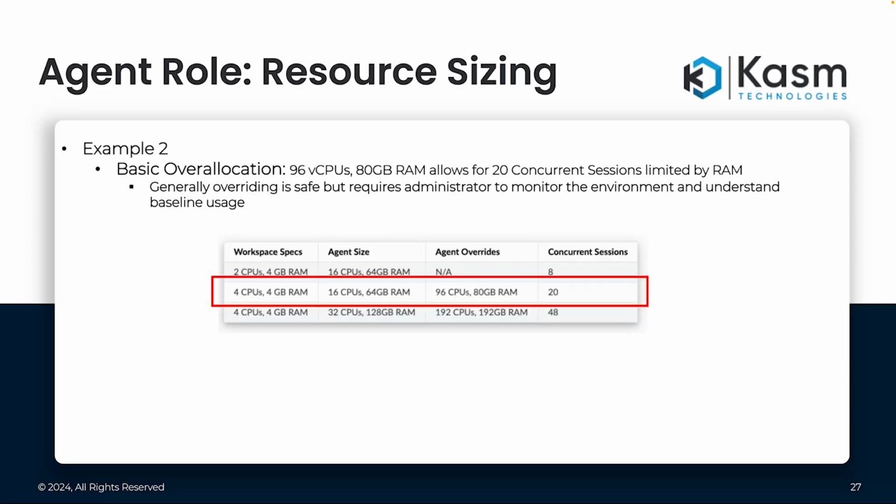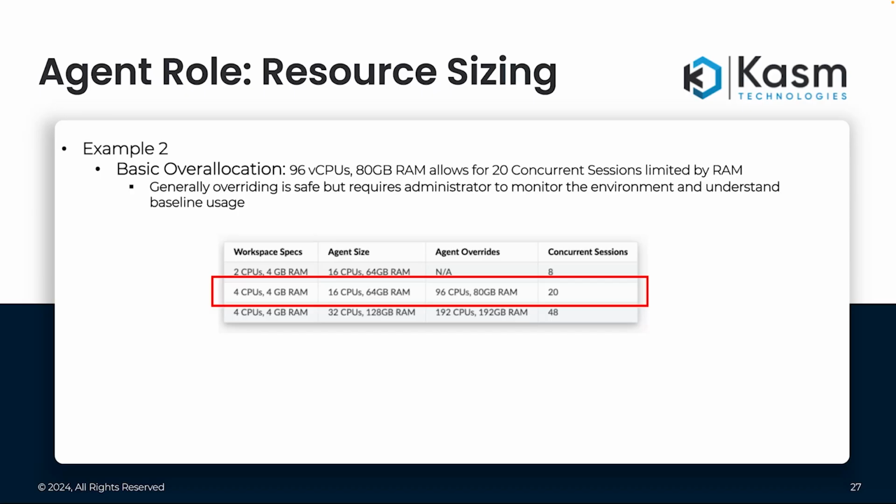So if we step this forward, and now we look at doing what I would consider to be a basic over allocation. In this particular case, again, same host of 16 CPUs, 64 gigs of RAM, only we're going to put an override in place within Kasm, and we're going to tell it, in reality, you can scale to 96 CPUs and 80 gigs of RAM. And our workspace is now going to be 4 CPUs and 4 gigs of RAM.